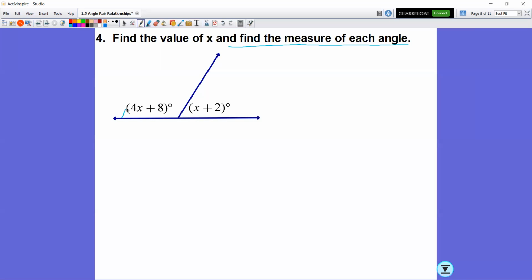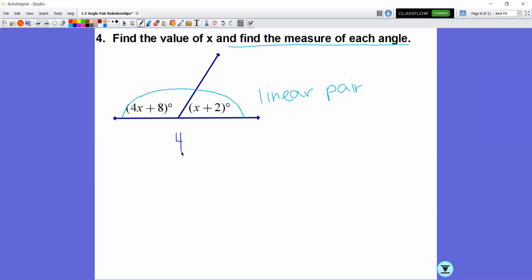But together, if I can draw a rainbow over both of these angles and get back to the line, what do we call that? Supplementary, because they're a linear pair. We need to know that because it helps us set up our equation. It's the difference between setting them equal to each other, adding them together to get 90, or setting the sum to 180. Supplementary means they add together and equal 180.